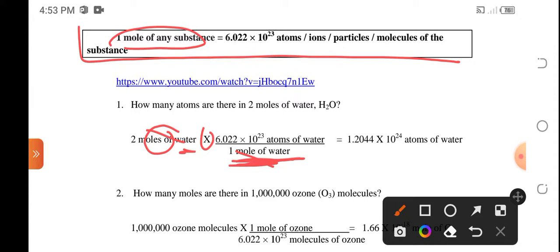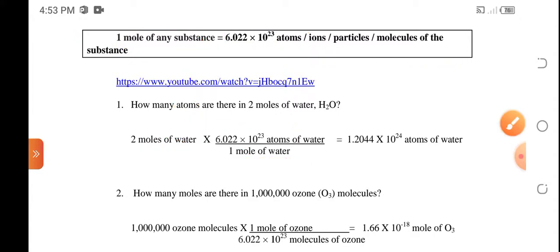There should be a cancelling of units so that we arrive at the unknown. Since we are after atoms, the atoms and Avogadro's number go in the numerator.